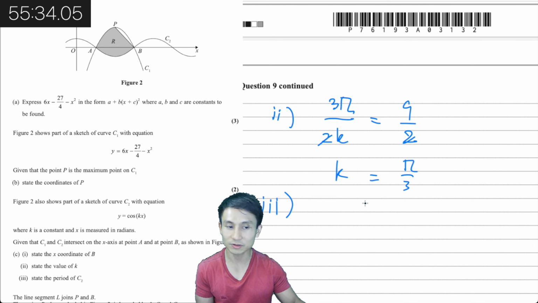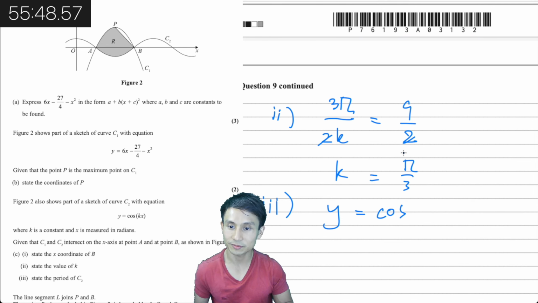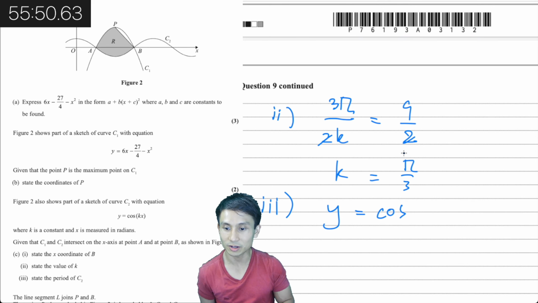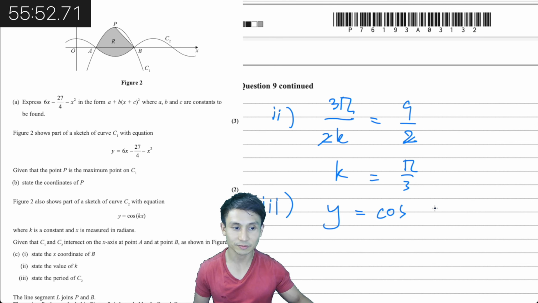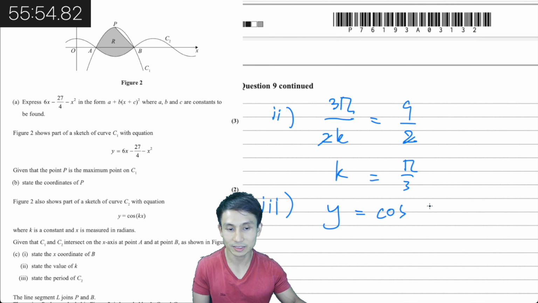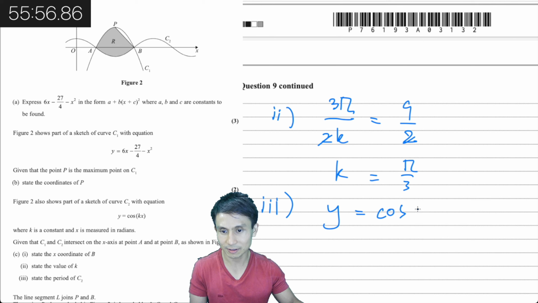State the period of C2. Because k is pi over 3, so this is y equals cos. Interesting. Wait, hang on. There is a pi value here hanging around. Why is there pi?